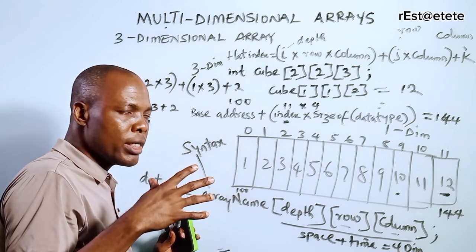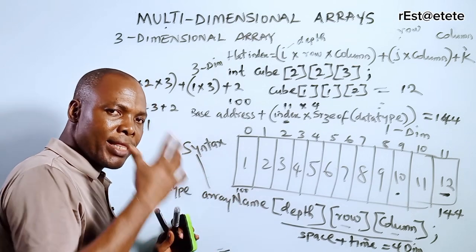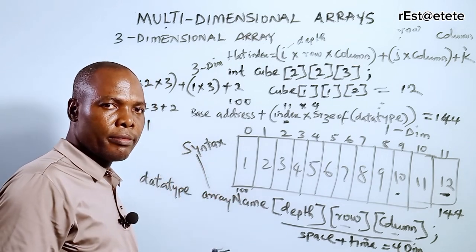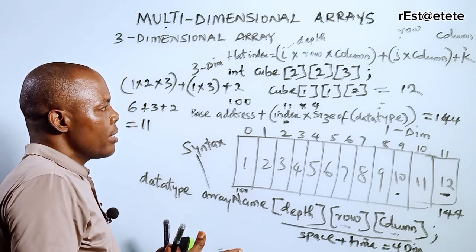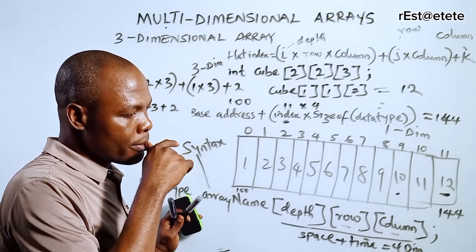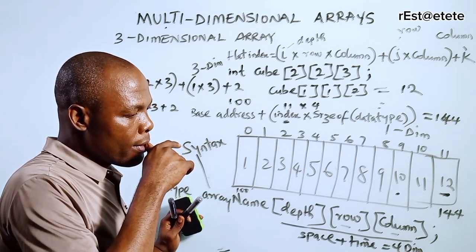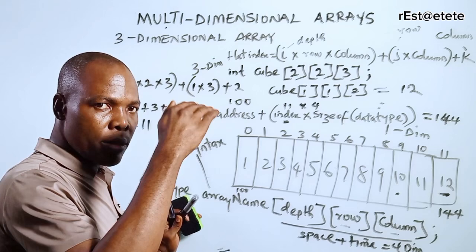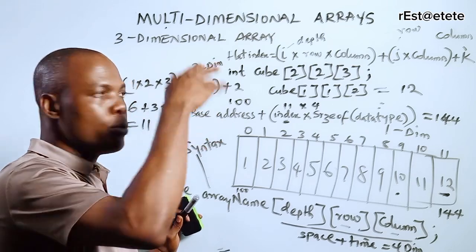Our world is a three-dimensional array. Consider this as a two-story building, which is what we just did.